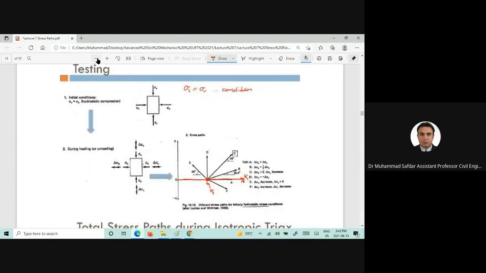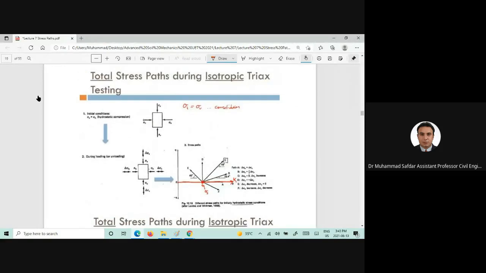Now, different lab tests correspond to different stress paths. For example, if we consolidate our specimen to a certain sigma 3, now it can go in this direction, or this direction, or this direction, depending upon the stresses which are applied onto that soil.